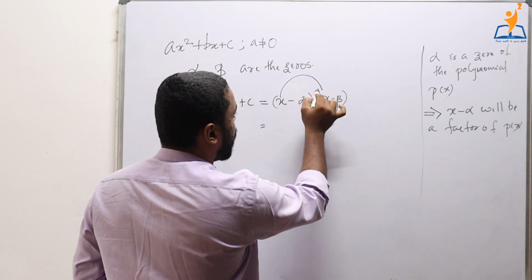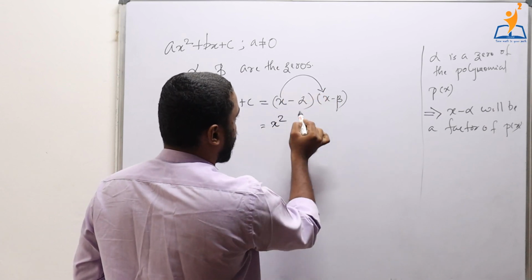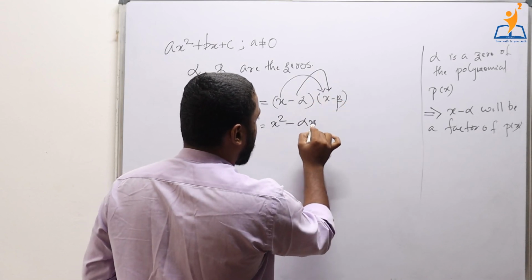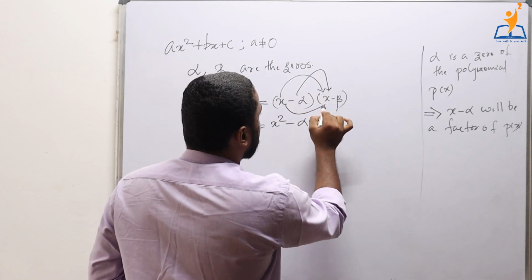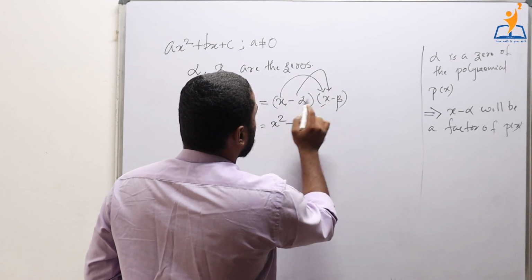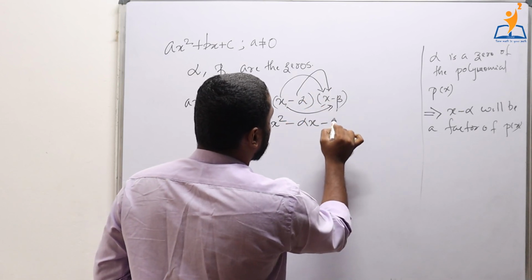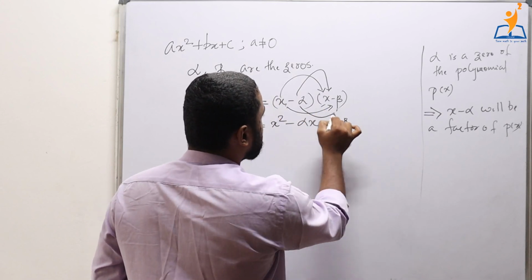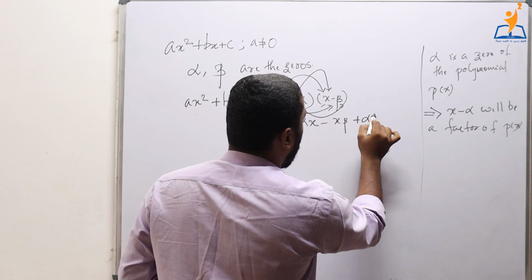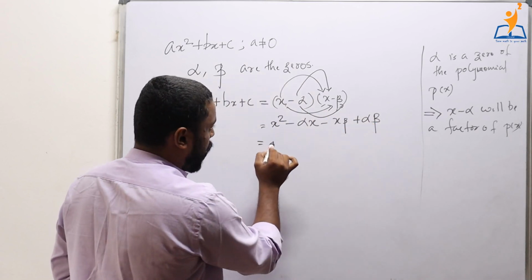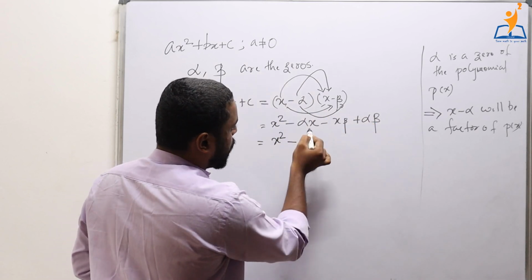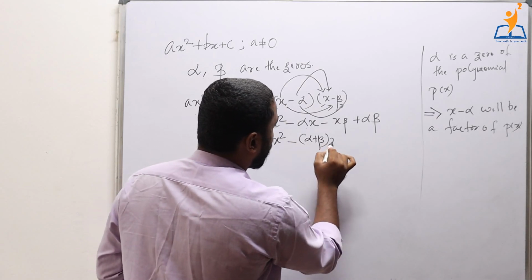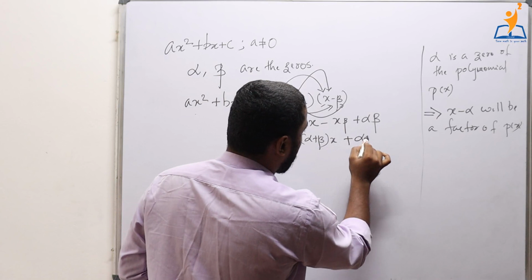When we multiply x into x, we get x square, then minus alpha into x gives minus alpha x, then x into minus beta gives minus beta x, then minus alpha into minus beta gives alpha beta. So we have x square minus alpha plus beta of x plus alpha beta.